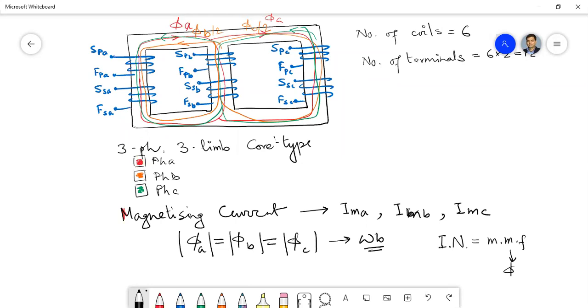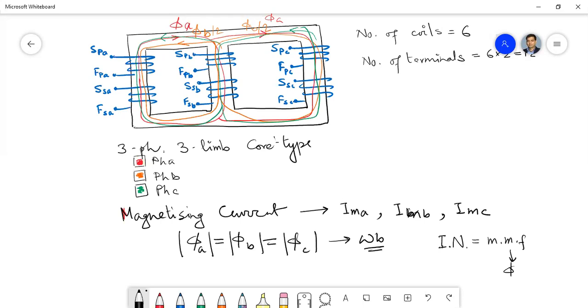Now, whether the flux will be same or different, that not only depends on the mmf, because as these fluxes are same, if only mmf were responsible for producing the flux, then the mmf would be same. But in this case it is not true, because though the fluxes are same, the paths of the fluxes are different.